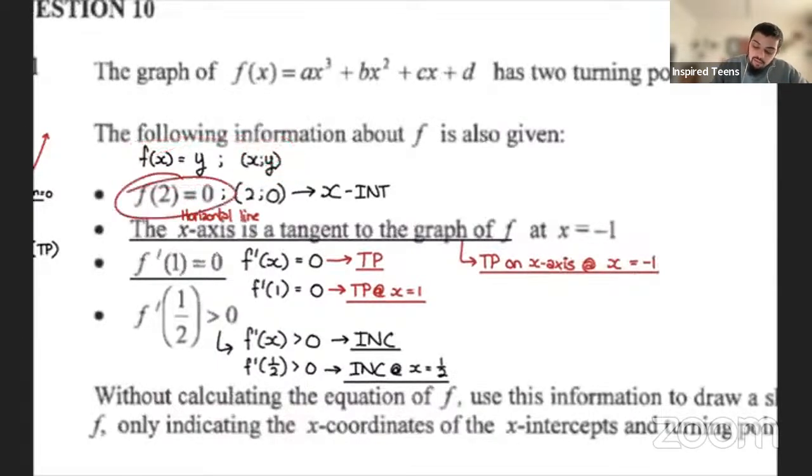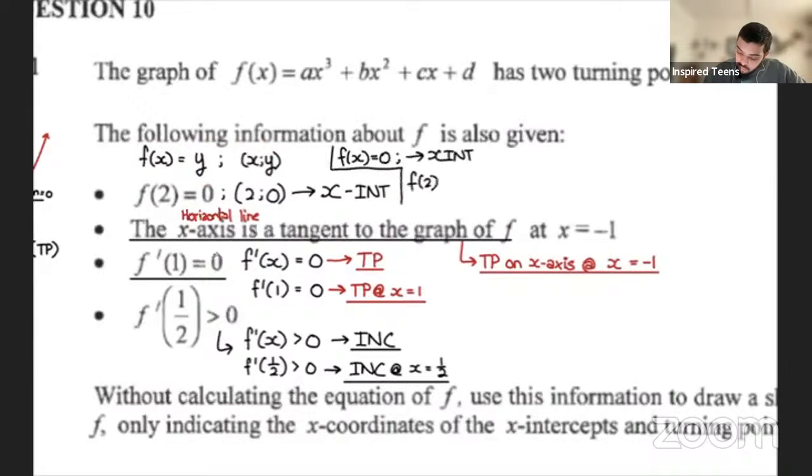So when they say f of 2 is equal to 0, by the way, this is the same thing as saying y is equal to 0. And y equal to 0 is definitely an x-intercept. So if they say f of 2 is equal to 0, this is an x-intercept at x is equal to 2. So we understand that that's an x-intercept. Then the x-axis is the tangent to the graph of f.